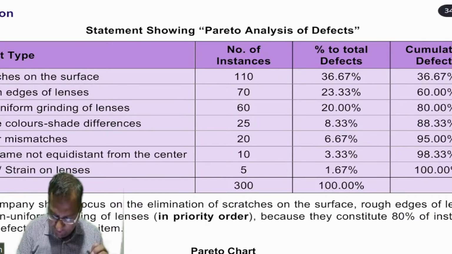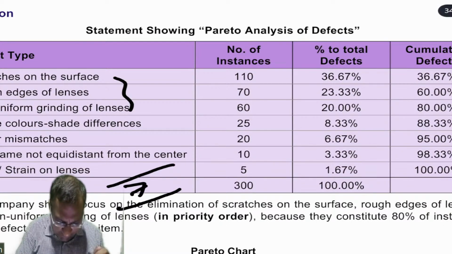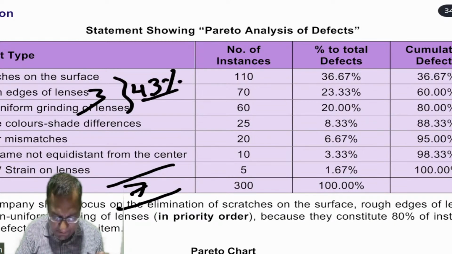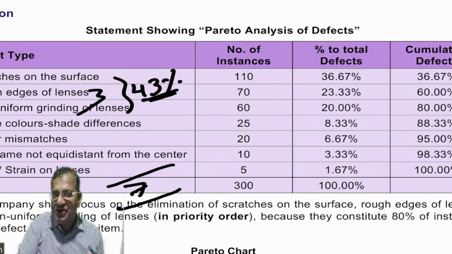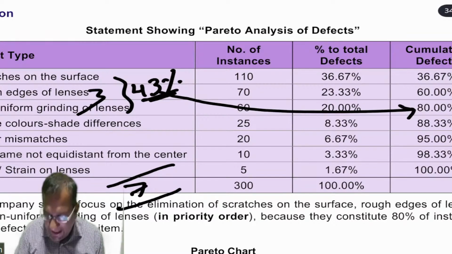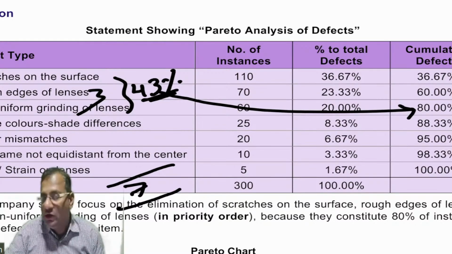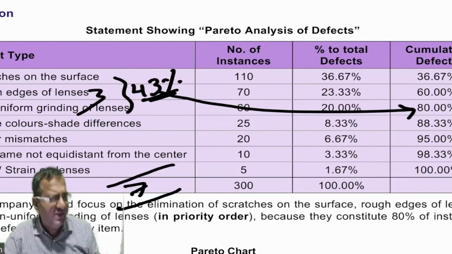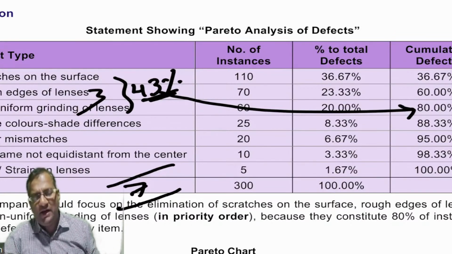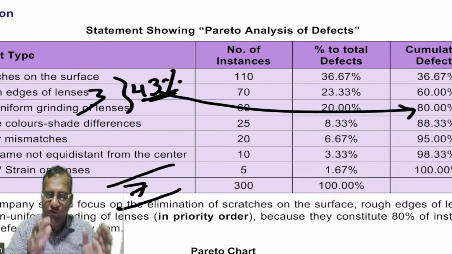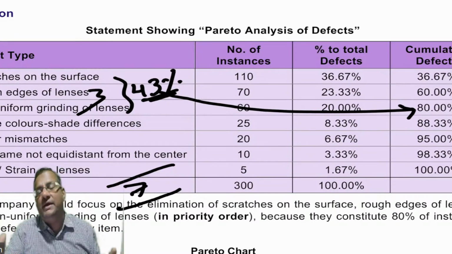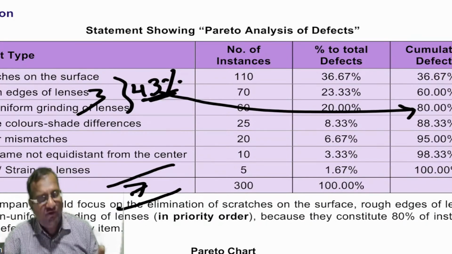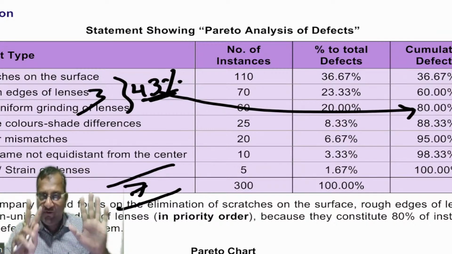Now see beta, there were 7 in total, out of which we are talking about these 3. So when you divide 3 by 7, it's almost 43%. So focus on 43% of the issues so that 80% of your problem gets resolved. So it's not necessary that the numbers should be 80 and 20. Important thing, once again, multiple times I am repeating so that it will remain in your mind permanently: the concept is that the vital few contribute to the bigger picture. The number doesn't matter here, whether it's 10%, 20, 30, 40. Even in this case it's 43%. How? Because there are a total of 7 types of complaints.